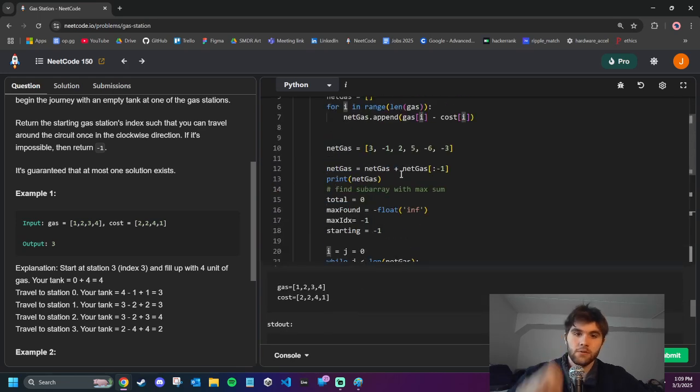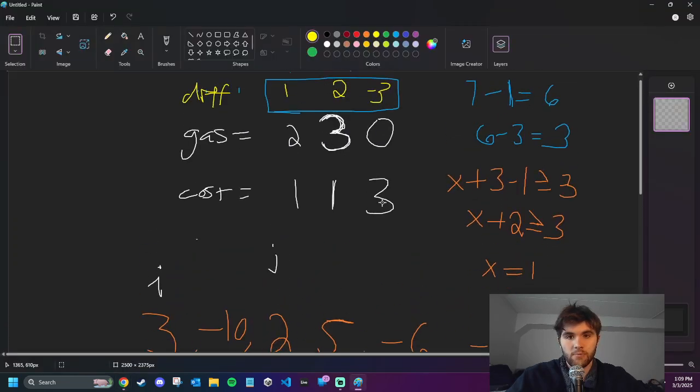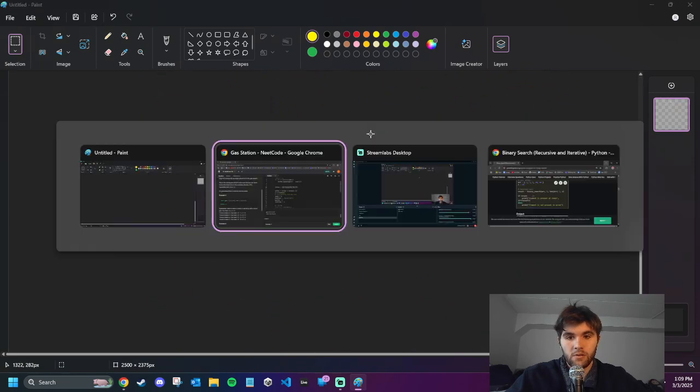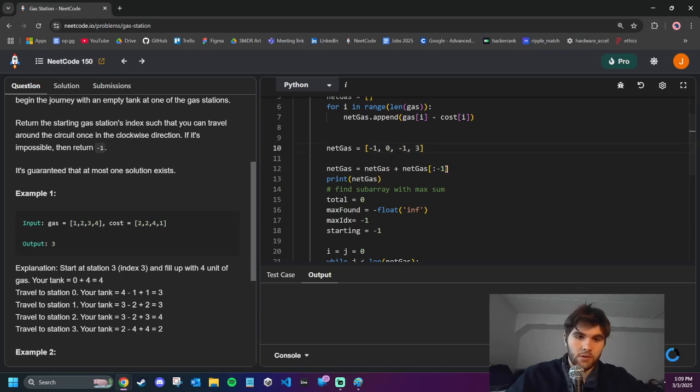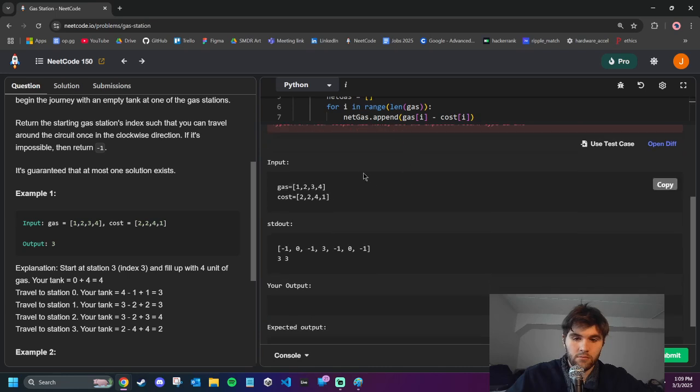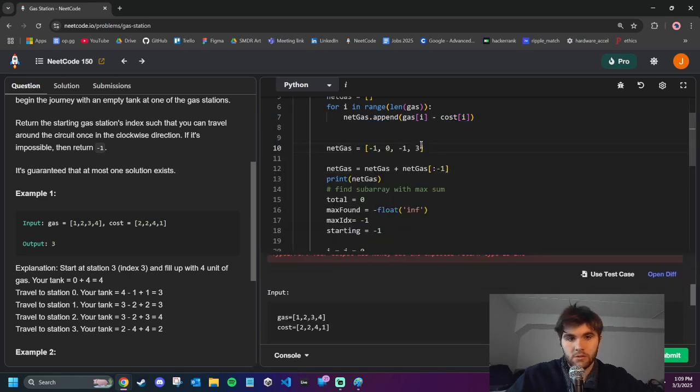What if I made it so the wraparound was the most important. So if net gas was, let's say, the first example, so it would be -1, 0, -1, 3. So in this case, what if this was +1?